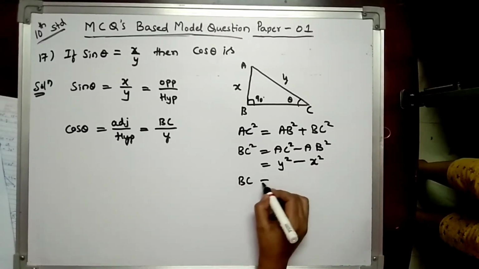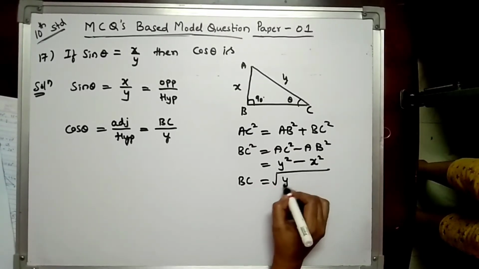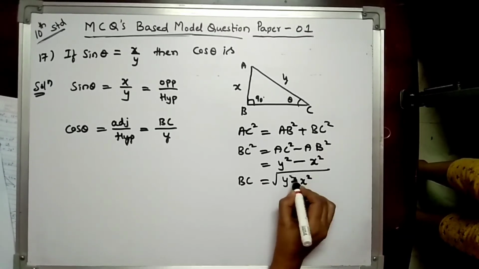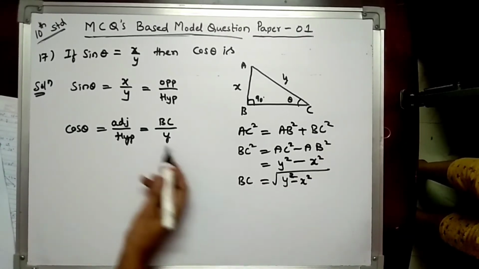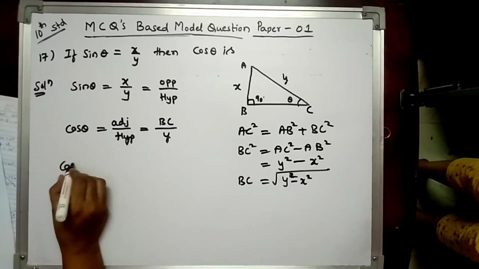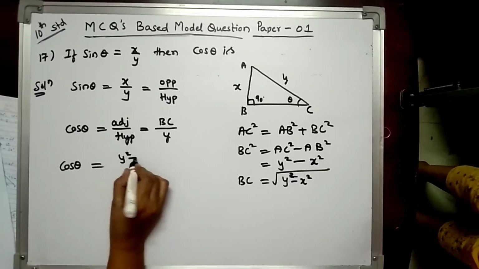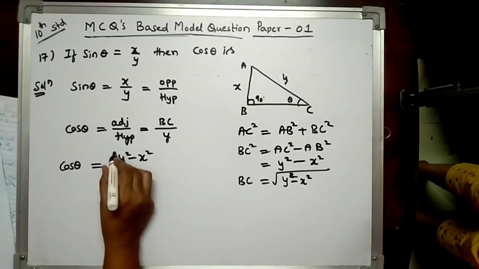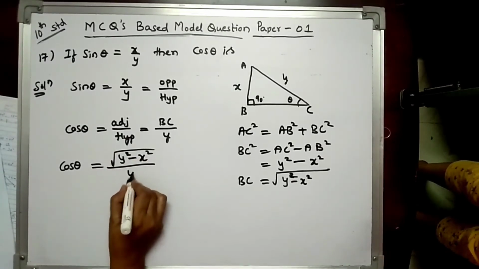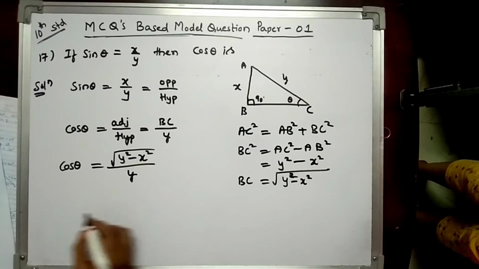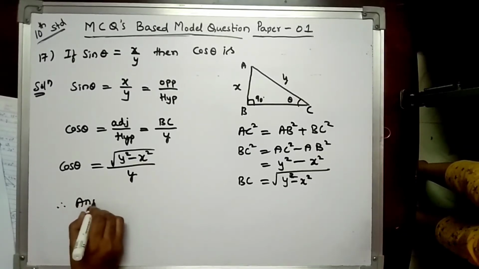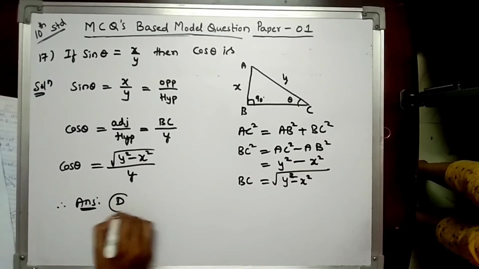So BC is square root of y square minus x square. You put the value of BC here. Therefore cos theta is equal to square root of y square minus x square divided by y. The option D. Therefore the answer is D.